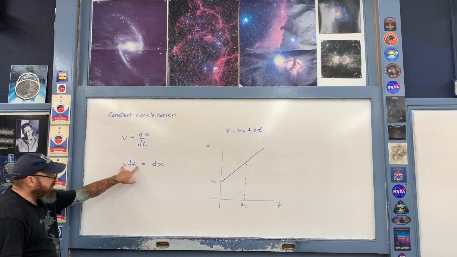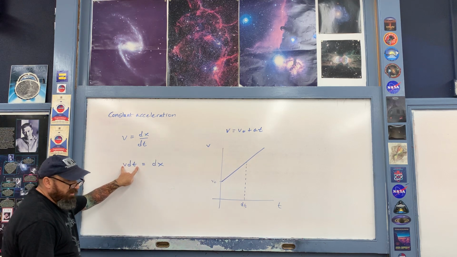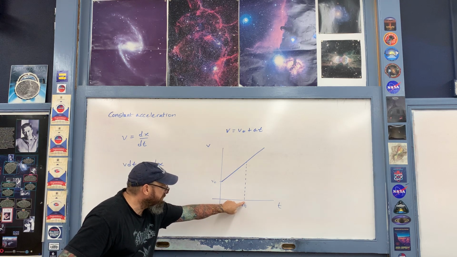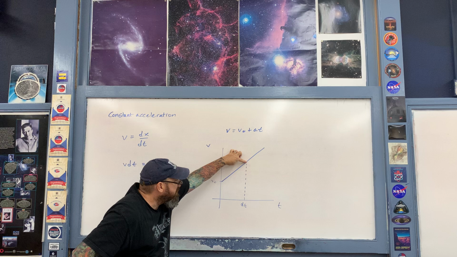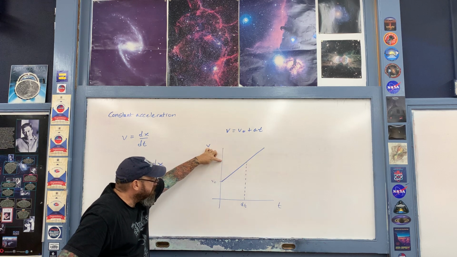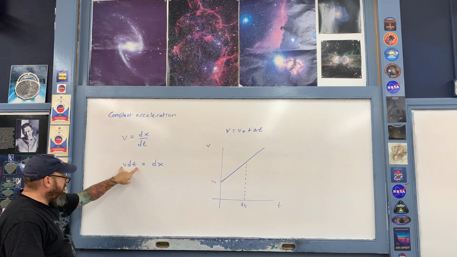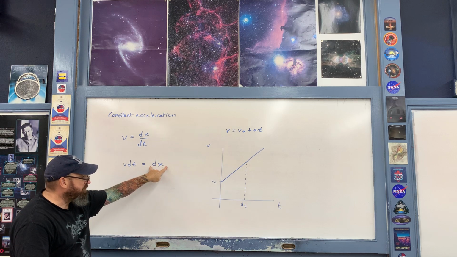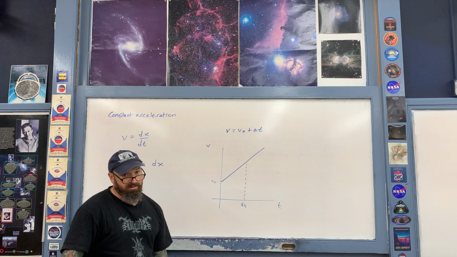Notice that the left-hand side of the expression is the area of that strip. It's the width, dt, which is infinitesimally small, multiplied by the height, which is the value of the velocity here at this moment in time. But the area of that strip is also equal to the infinitesimal change in position over this instant in time.